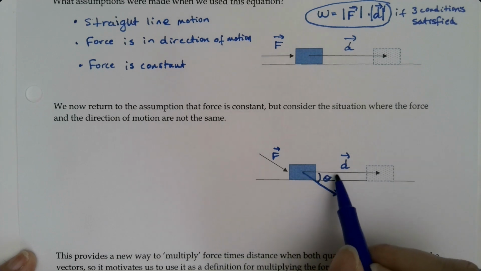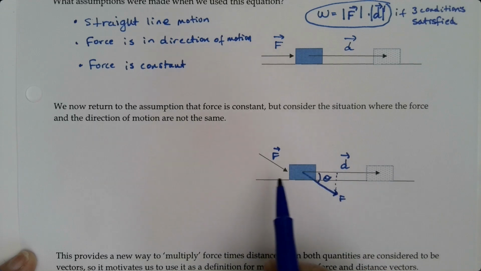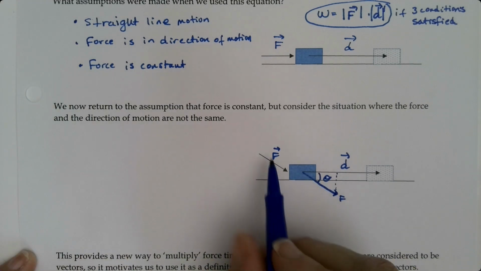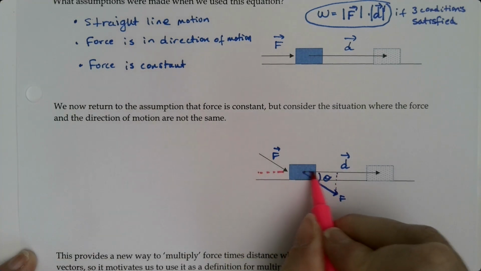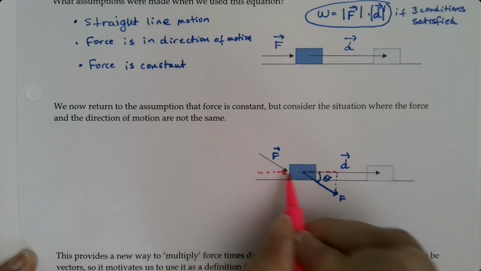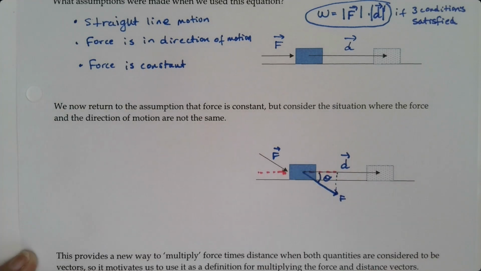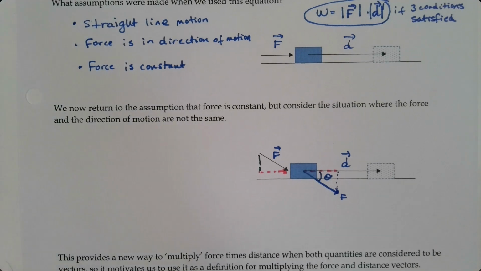So that sets up a little triangle in here, right? There's two components to this force vector. There's the component that's going with the direction of motion, right? That's one piece of it. And then there's a component that's perpendicular to the direction of motion, which I'll do in green.